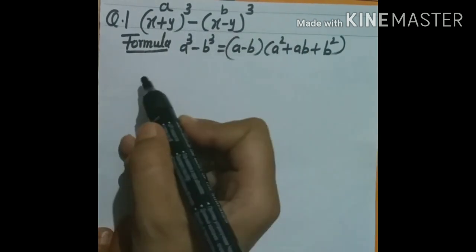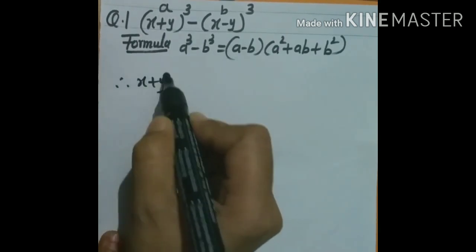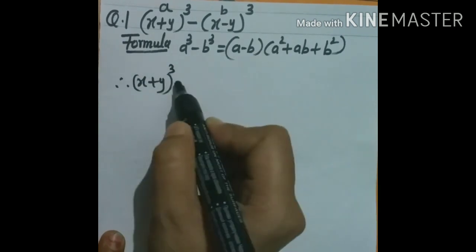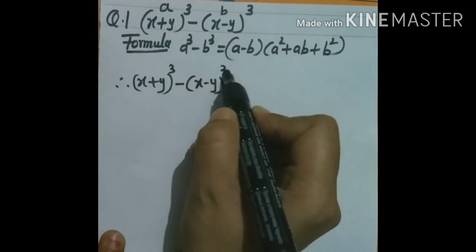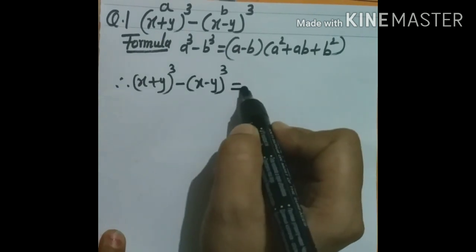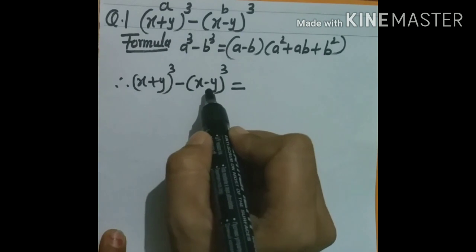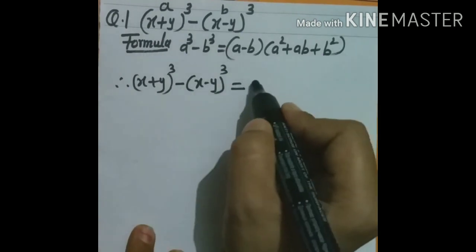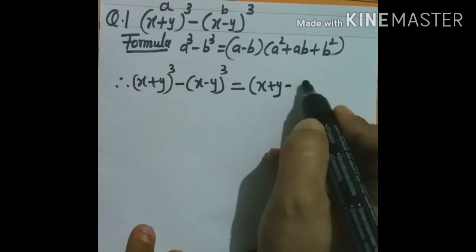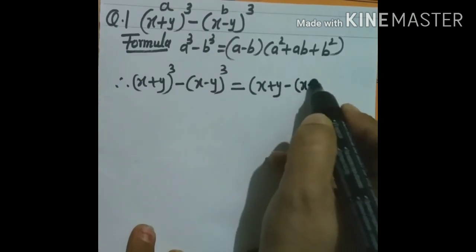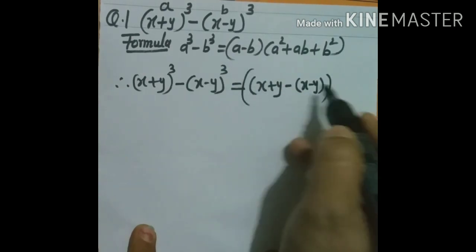So in the first step we write: (x plus y) whole bracket raised to cube minus (x minus y) whole bracket raised to cube equals a minus b. This whole bracket is a and this whole bracket is b. So what do we take here, children? (x plus y) minus (x minus y). Okay children, close the bracket.